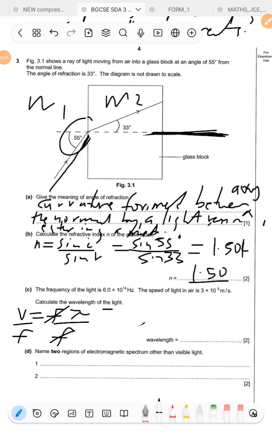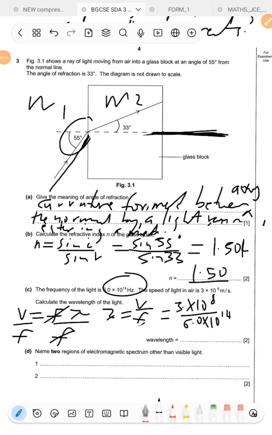Therefore wavelength is given by the velocity of light in air over the frequency, which is 3 times 10 to the power 8, all over the frequency, 6.0 times 10 to the power 14 hertz.